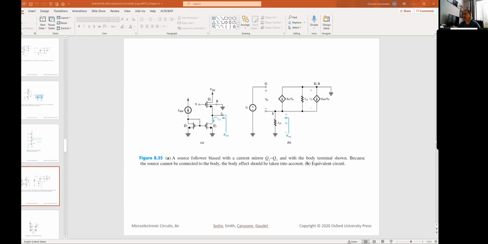And that is done here in this small signal model of the source follower. So given this figure and this small signal model, let's look at our usual quantities and look at our voltage gain.